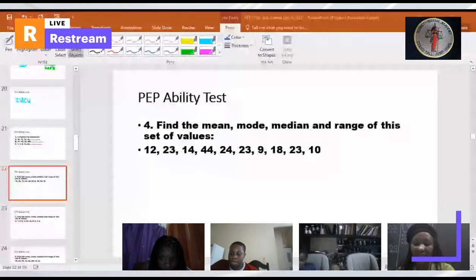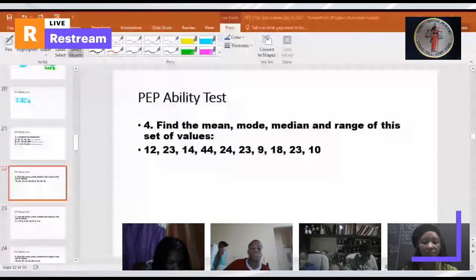What's the median? Median is the middle number. Is it 18? But remember, we have to put them in order first.